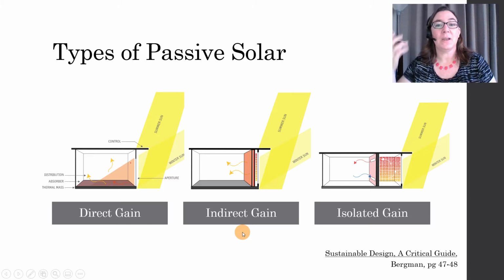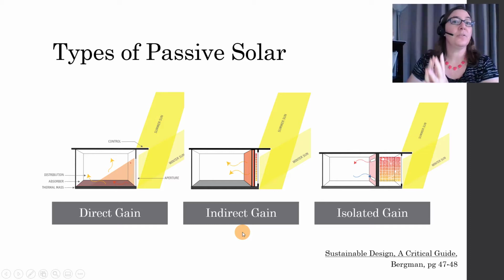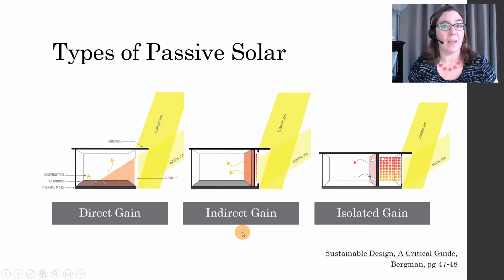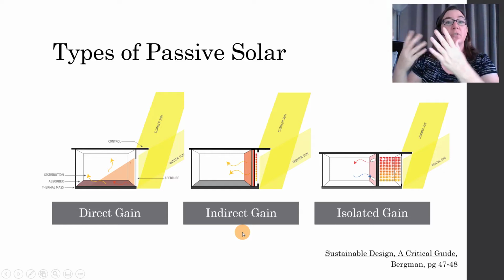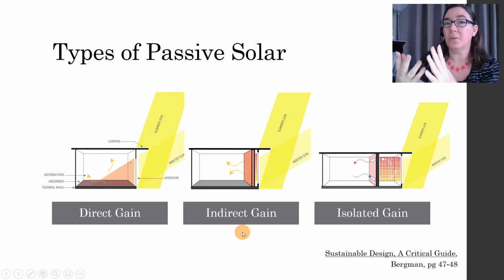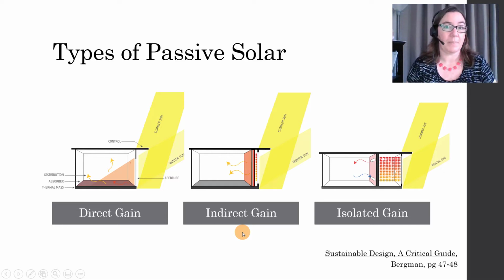Moving on to our middle option here, indirect gain. This is an option where the heat is collected by an intermediate element. In this case, we're showing the most common choice, which is a trombe wall. So the heat hits this element, stores the heat as it slowly heats up, and then later will radiate that heat into the living space.